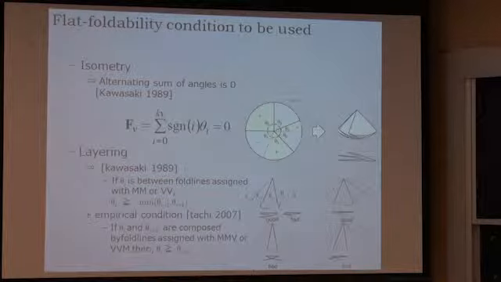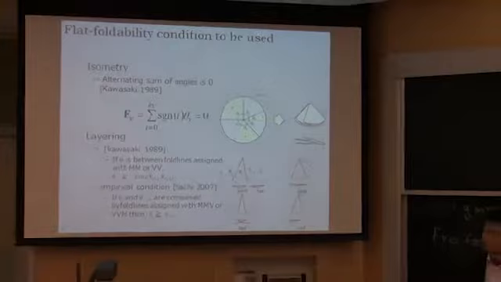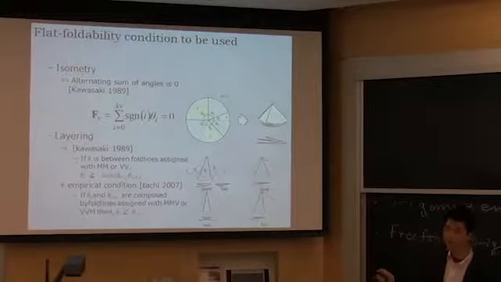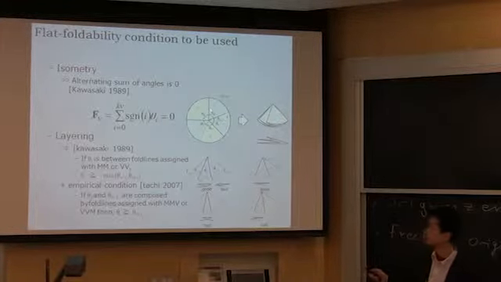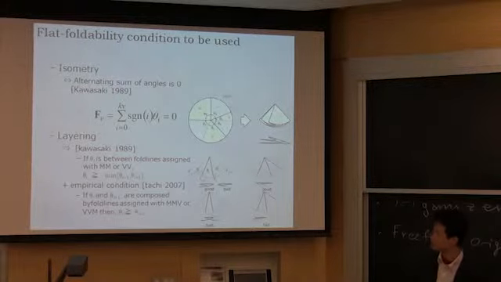So the first one is isometry, which can be similarly represented by an angle condition called the Kawasaki theorem, so that the alternating sum of angles at each vertex is 0.